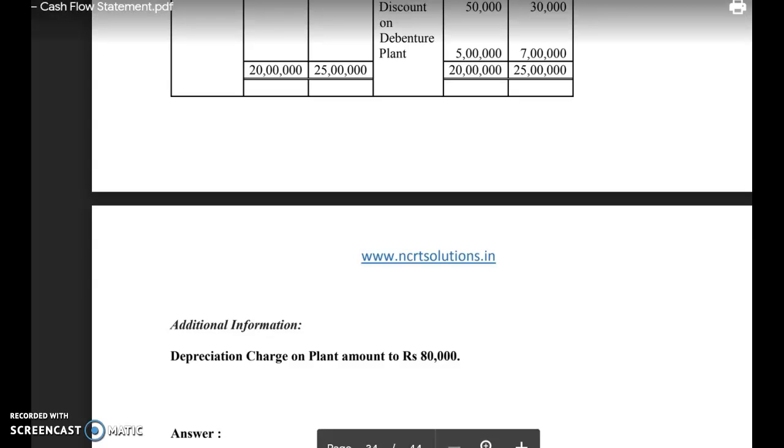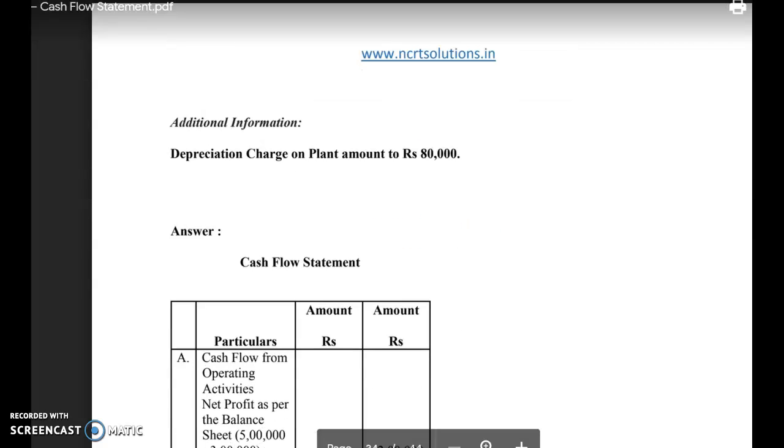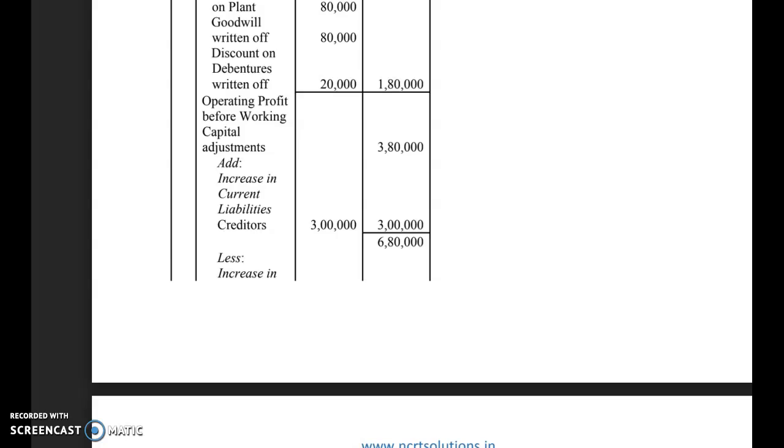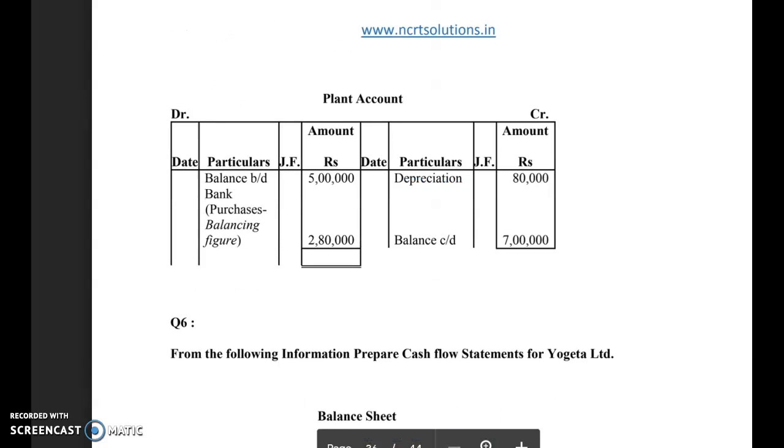Originally it was 5 lakh. Depreciation charge 80,000. So closing value must be 4,20,000. But actual value given in the balance sheet is 7 lakh. So difference of 2,80,000 is taken as the amount of purchase or the addition. You can get it also by preparing a very simple plant account, and you would have the result 2,80,000.